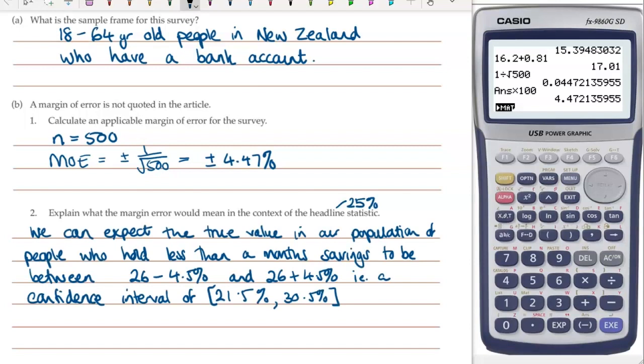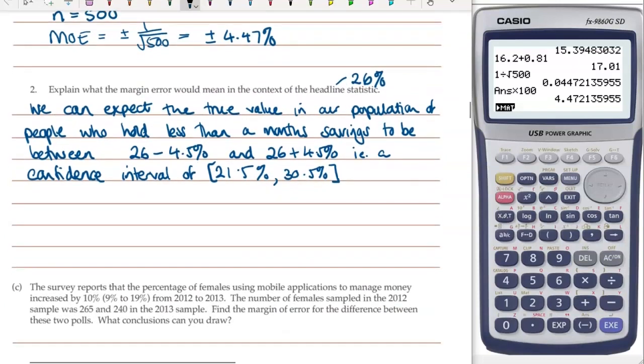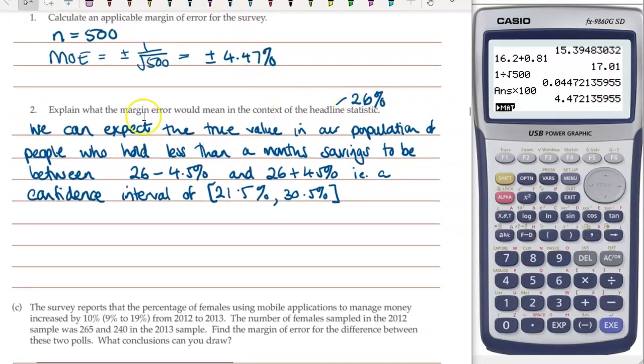And actually, if we look in the detail of paragraph 2, we can see the headline rounded that to something they could turn into the word quarter, whereas actually the statistic in the survey was 26%. Okay, so what that means is we can expect the true value in our population of people who hold less than a month's worth of savings to be between 26 minus 4.5, that margin of error, and 26 plus 4.5. So it gives us a confidence interval between 21.5 and 30.5.